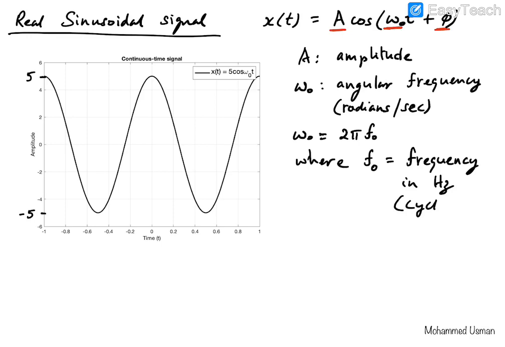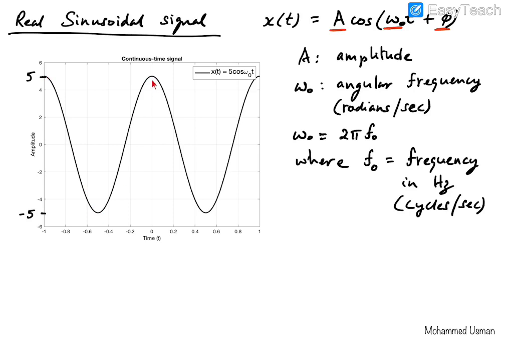So, cycles per second. Now what that means is how many cycles of this waveform occur in 1 second. If you notice here, from 0 to 1 it is 1 cycle. After that the same thing will repeat. It starts at the peak, goes to the bottom peak, and comes back to the top peak.